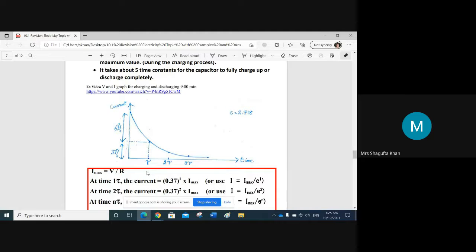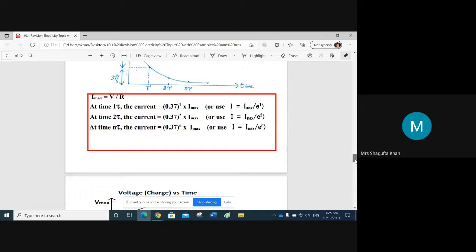After one time constant, current will be 37% of its maximum value, and maximum current will be voltage divided by the resistance. So it is 37% of I maximum after one time constant. After two time constants, it will be like that. All these formulas are given here.